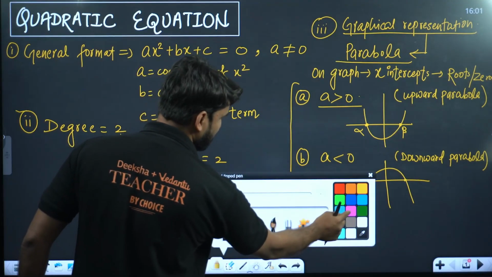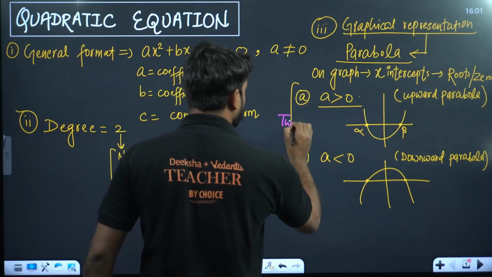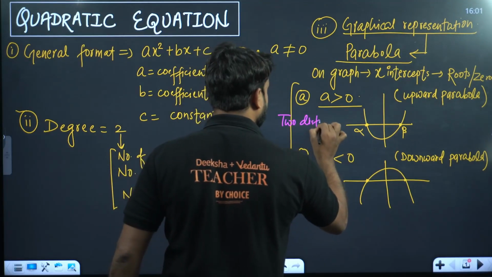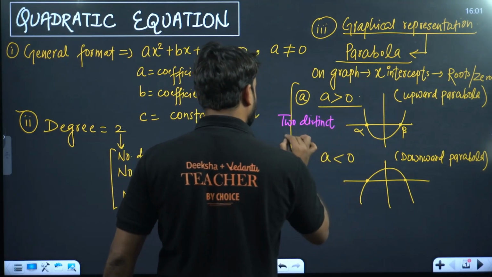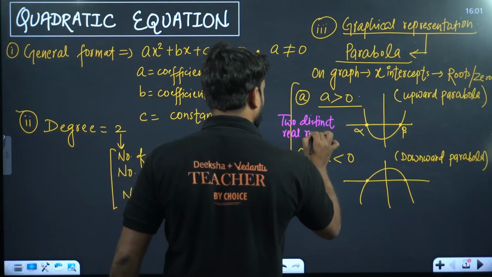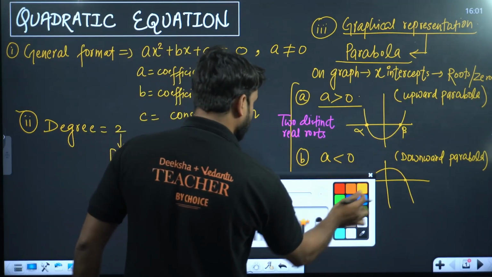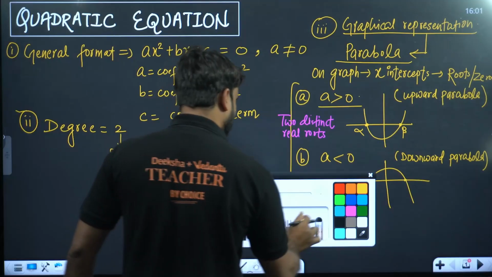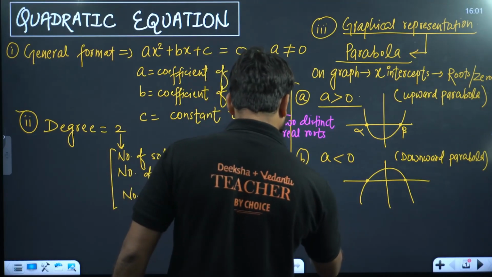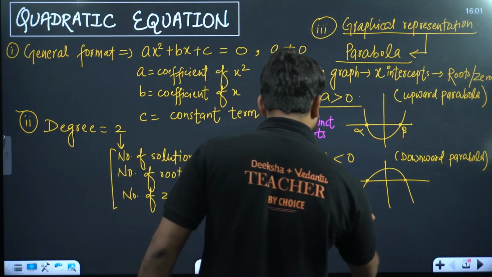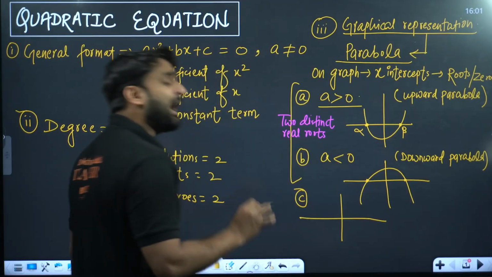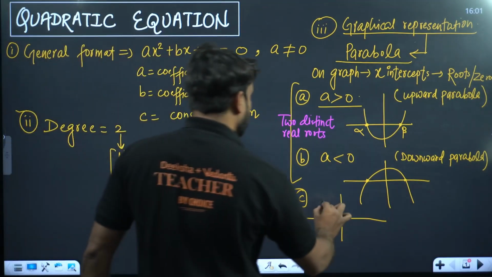Let me use another color. So it indicates two distinct real roots. Okay, let me give you a third possibility on graph. The graph of a quadratic polynomial may be like this.